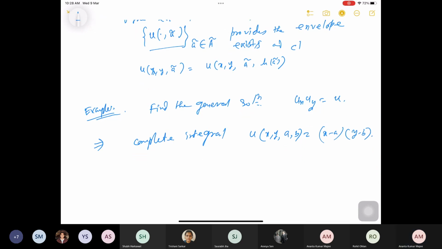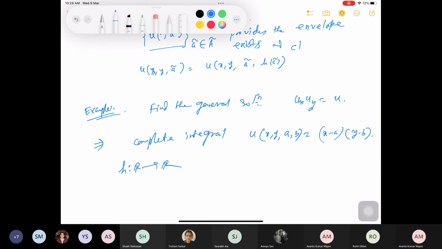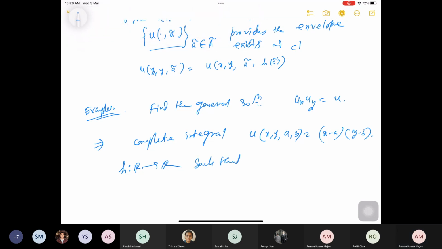Now I try to find my h, which is a function from R to R. The general integral depends on your function h. So I define h from R to R such that h(a) = a.